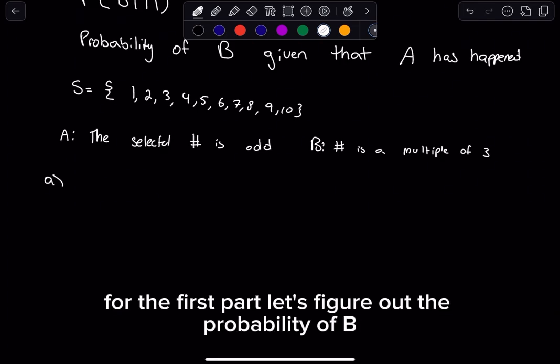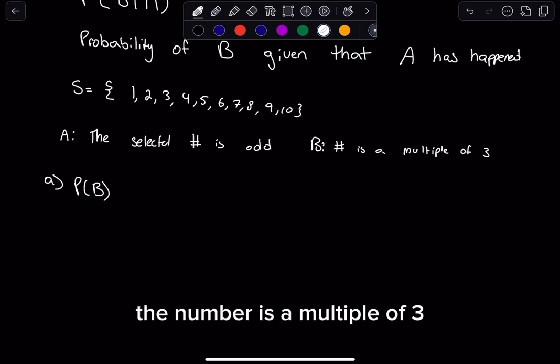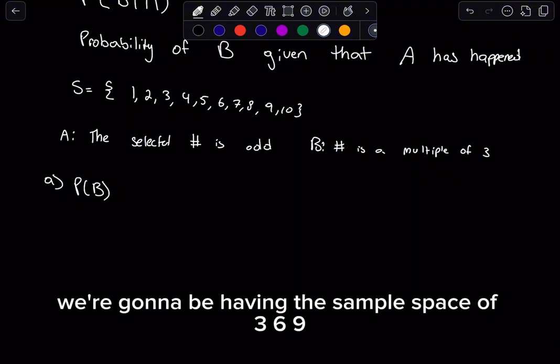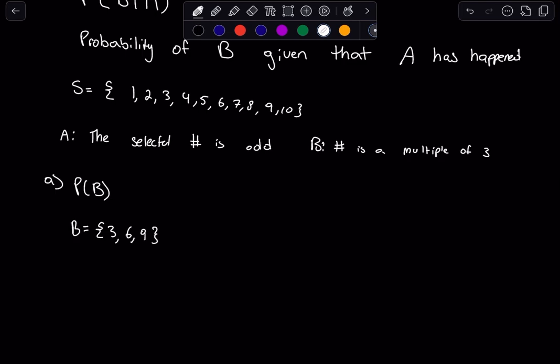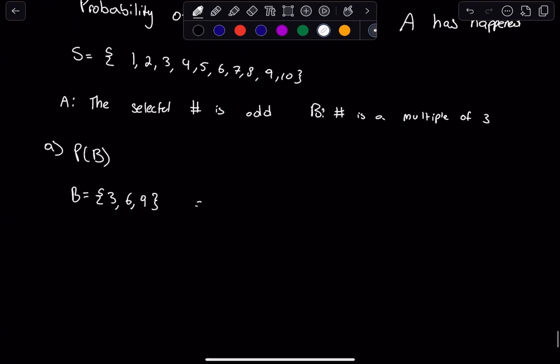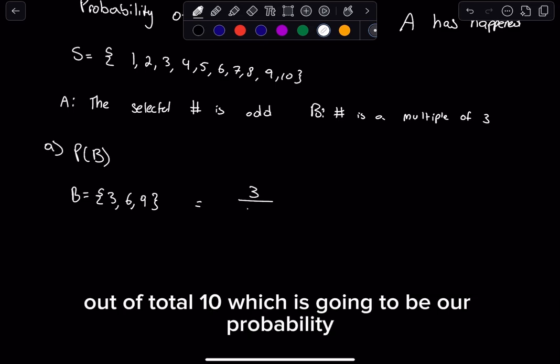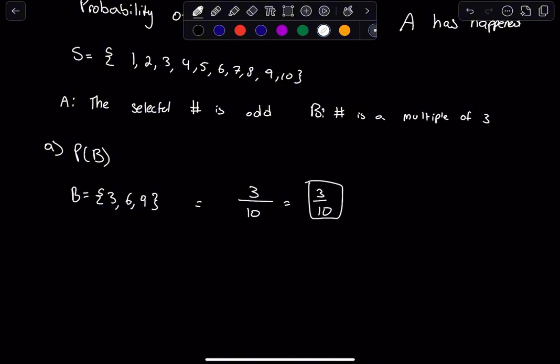For the first part, let's figure out the probability of B. The number is a multiple of 3. And for the multiples of 3, we're going to be having sample space of 3, 6, 9. Let's get the probability. Our favorable outcomes are going to be 3 things, 3, 6, 9, out of total 10, which is going to be our probability for B.